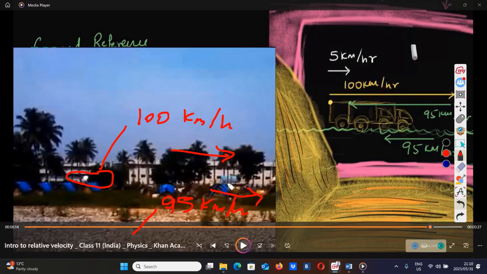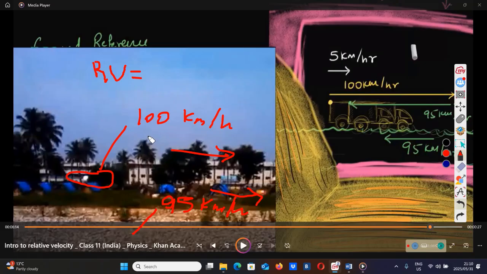Then I said that same direction relative velocity will be equal to the difference of these two velocities, which is going to be 5. So now, whether you're going to say 100 minus 95 or 95 minus 100, you have to know who is the observer.